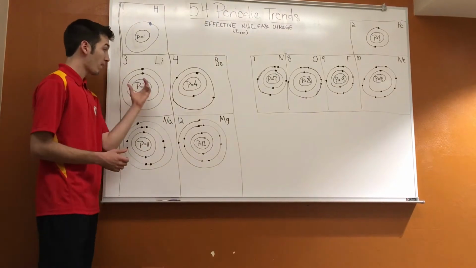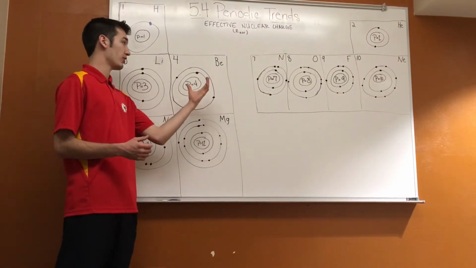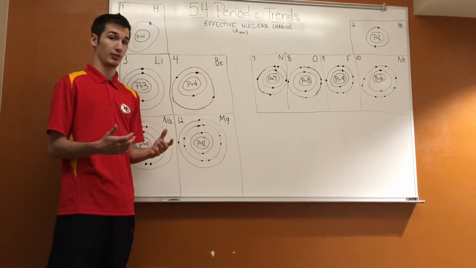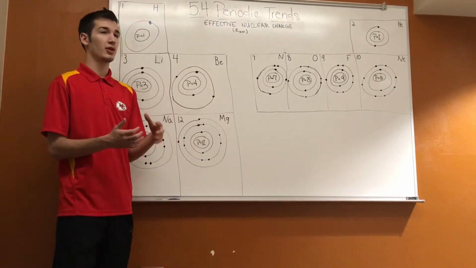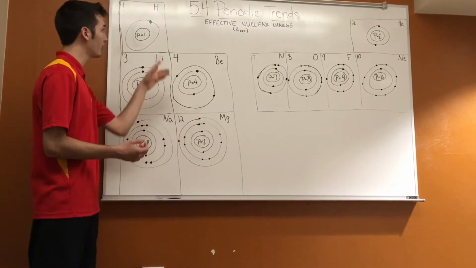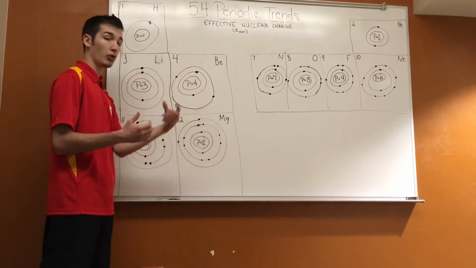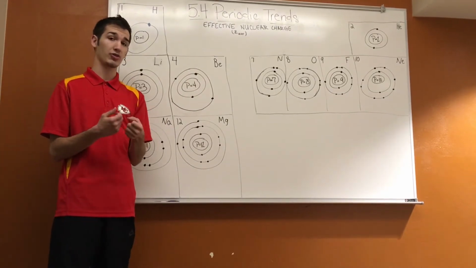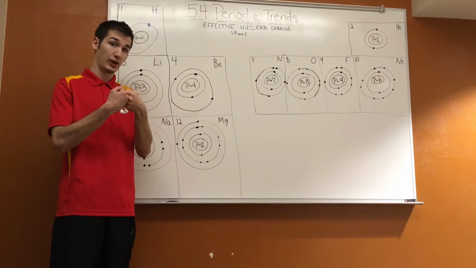What I have drawn up here are how many protons are in each atom, and then our electrons and their energy levels. Now what keeps electrons around an atom? Well, that's our protons. Our protons are positive charges, and our electrons are negative charges. So remember, those really attract.